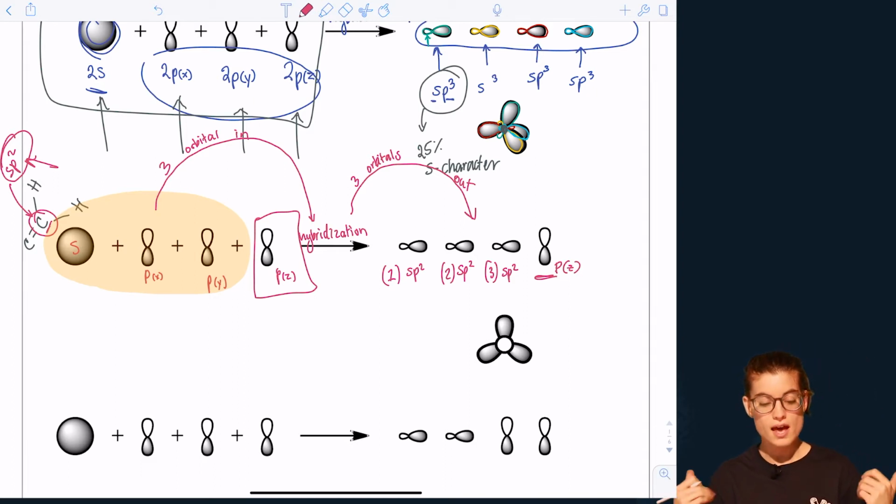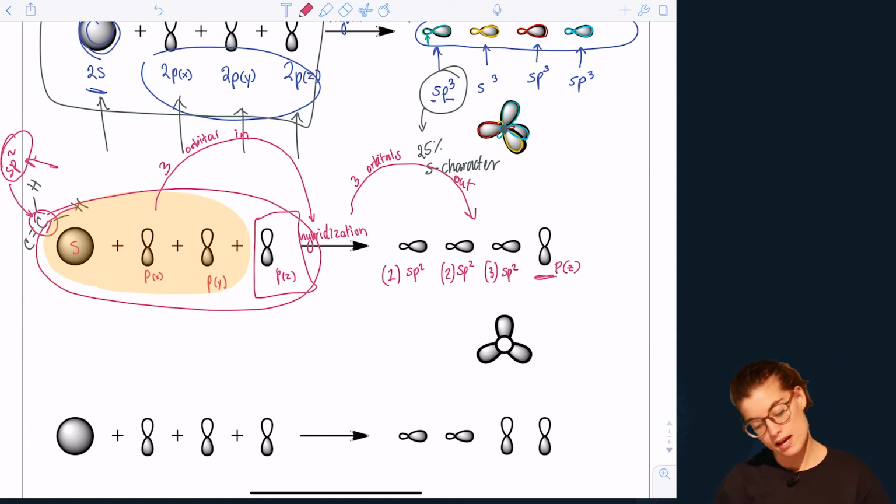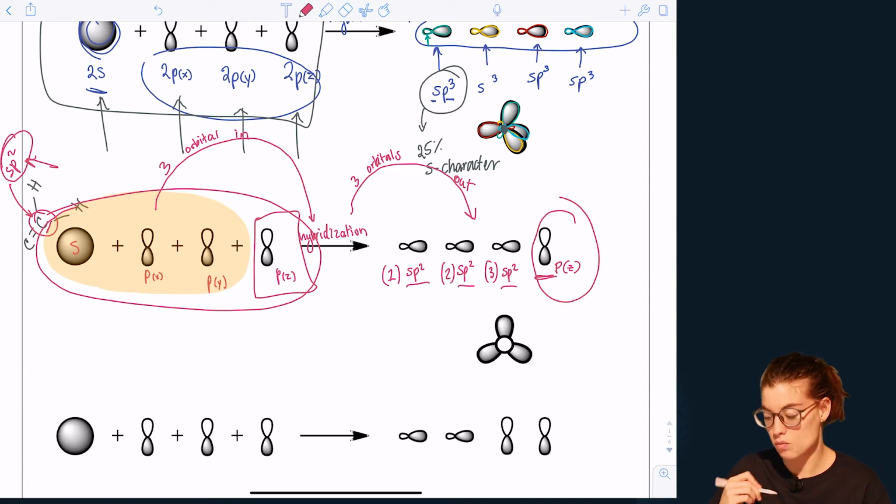That means if I start my process with an s, a px, a py, a pz, and I hybridize the first 3, I will end up with 3 hybrid orbitals, an sp2, an sp2, an sp2, and I will still have that 1 p orbital left.